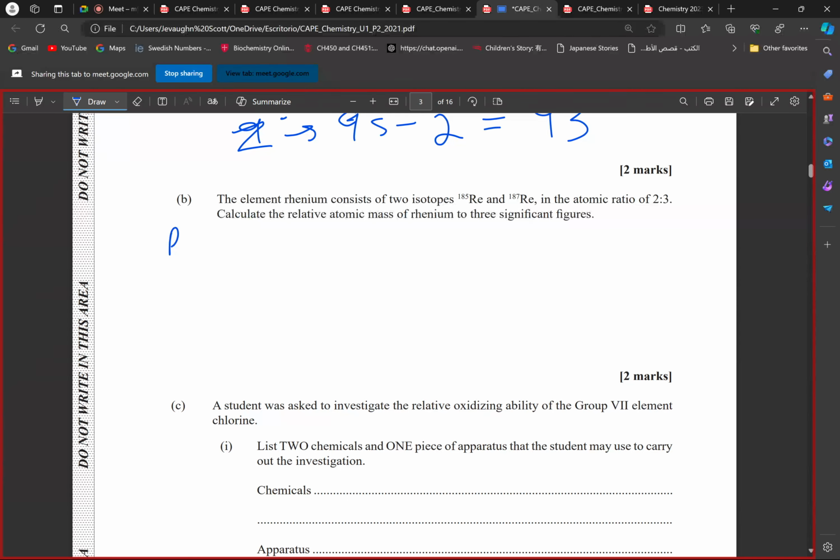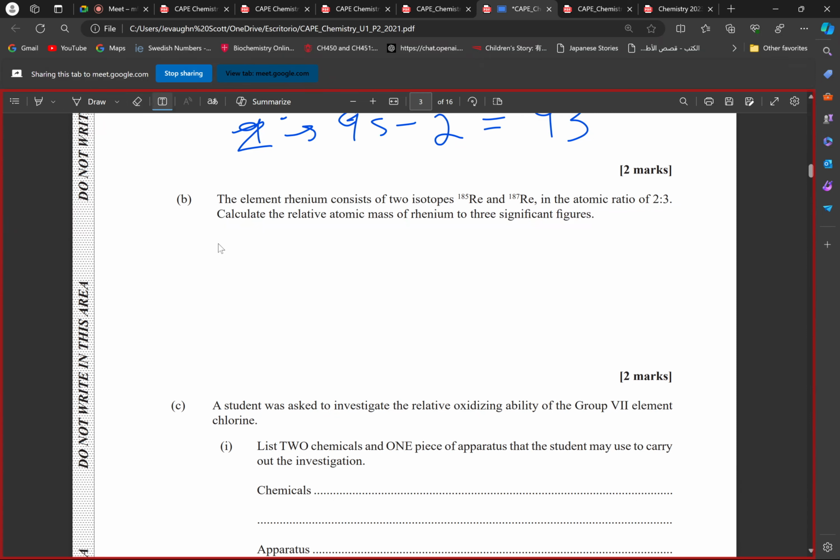Okay, so the relative atomic mass, the RAM, is equal to... hold on, let me type it.